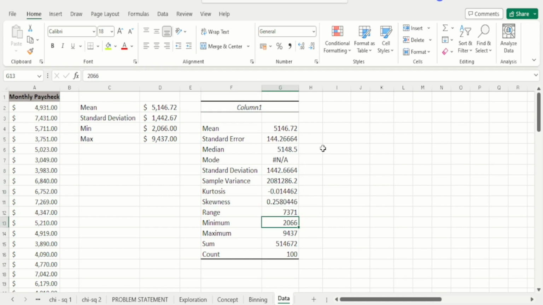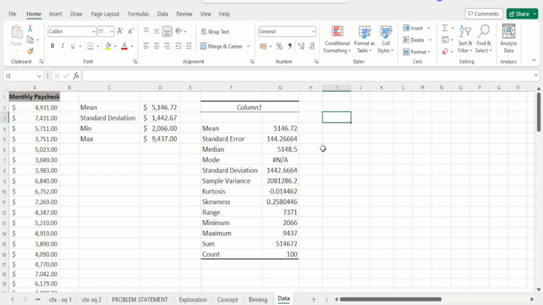And you have the minimum and the maximum values as well. So you can do it by using either method. You can either do it manually, or you can also use descriptive statistics from the data analysis pack option. All right. So that's our first step.